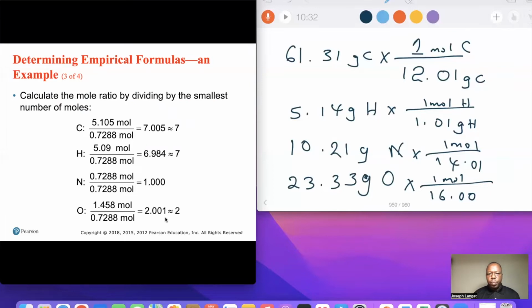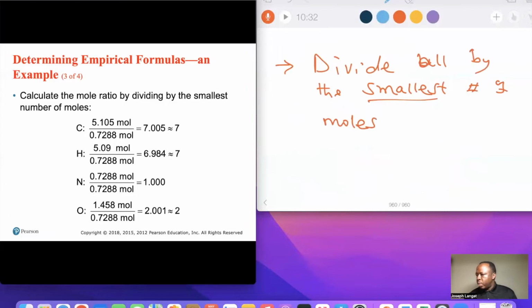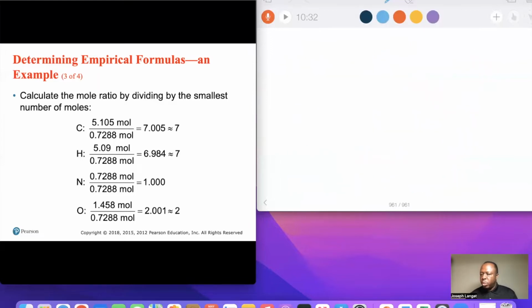Please don't round off. I know sometimes we may be tempted. Let's say, for example, I'm just going to give you a generic formula. Let's say you have A at 1.5 and B at 1.